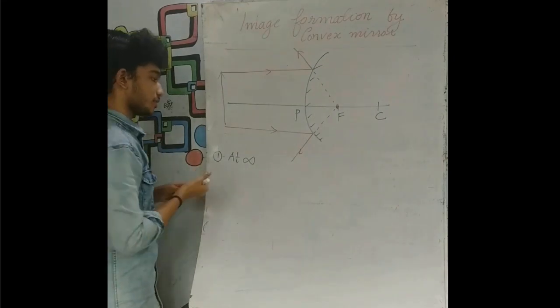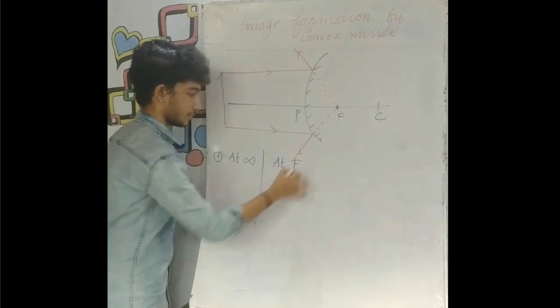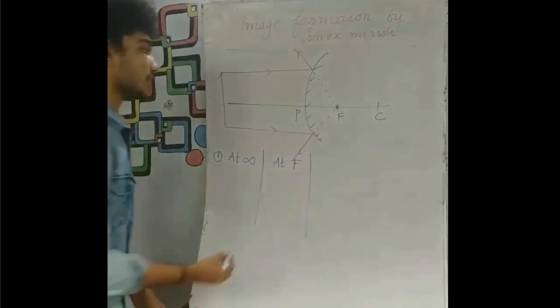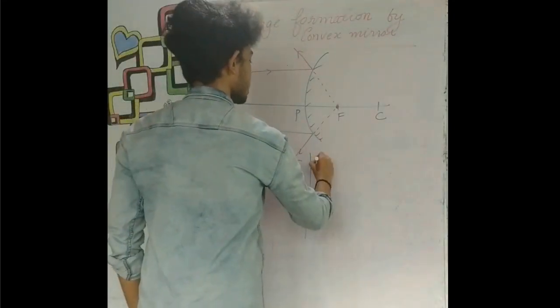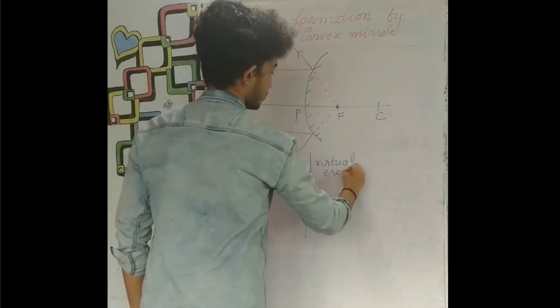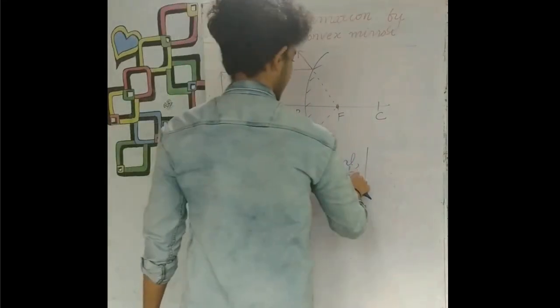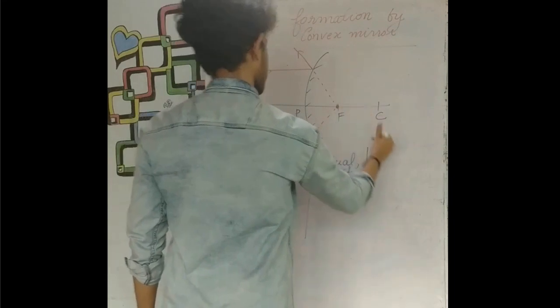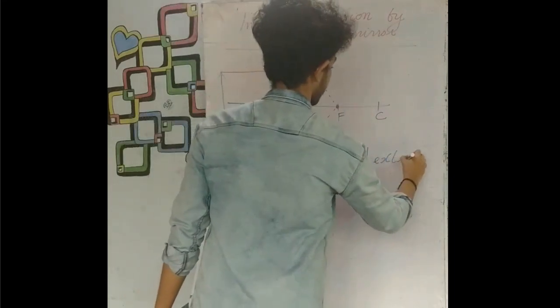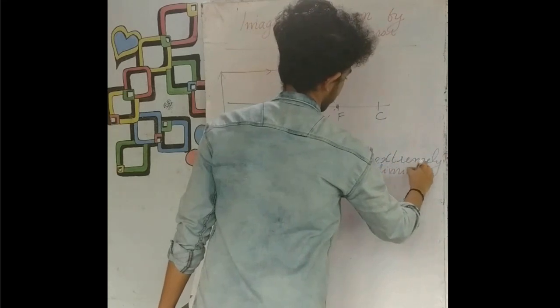Therefore, the image will be formed at focus. What about the nature? It will be virtual and direct, because a convex mirror always forms a virtual and direct image. And another thing, the size is extremely diminished.